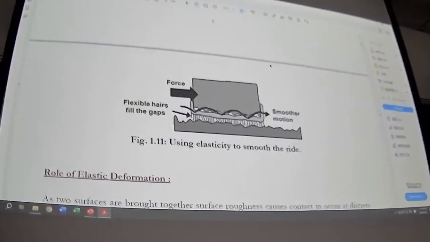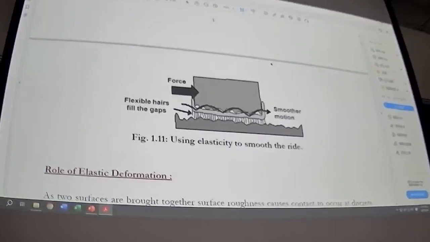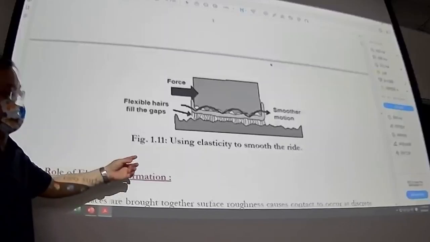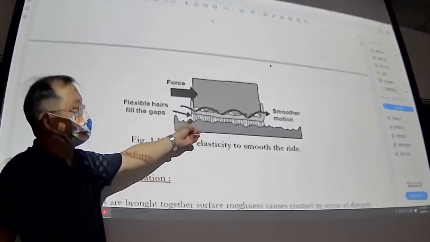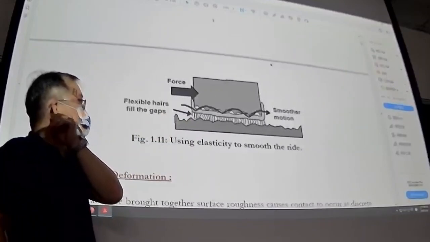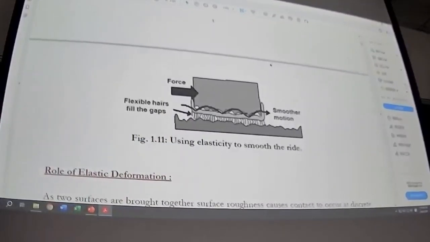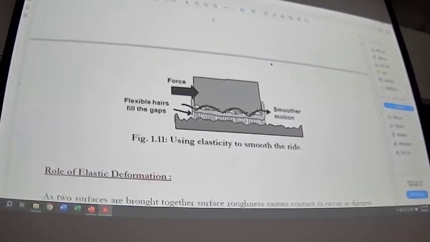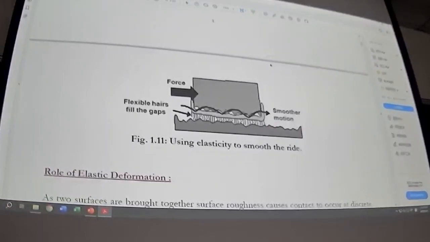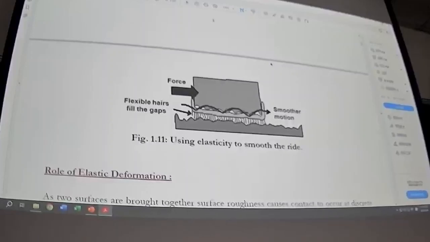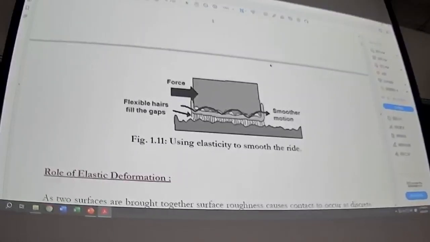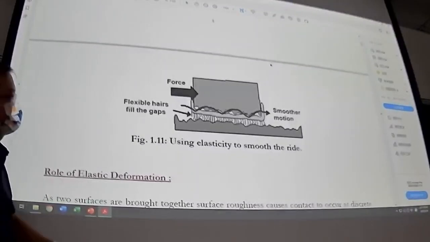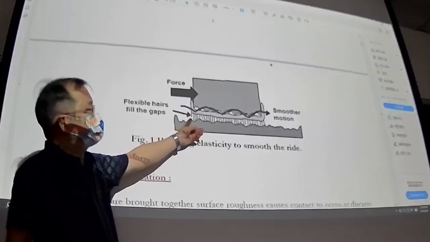So you can have a reduced coefficient of friction. This time you will have a smoother motion. You will have less wear on your contacting interface. So this is the functionality for some additives in your lubricant.